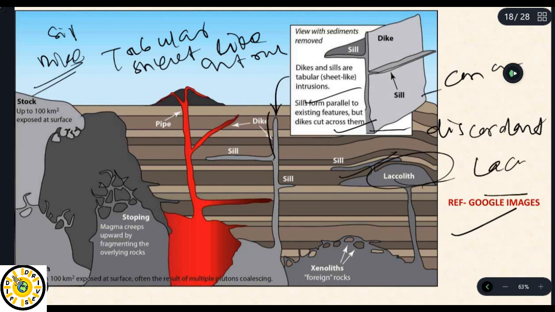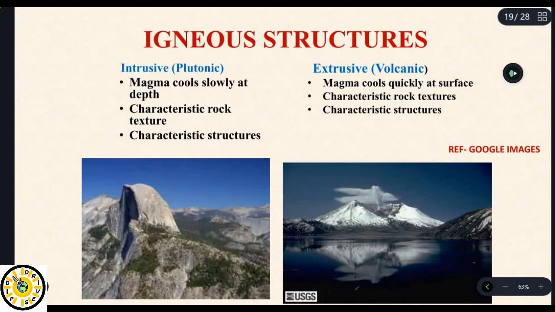ठीक है, you can find also some of the laccolith. So this is the laccolith. Base will be flat and convex upward. And some of the igneous structures, it is normally either formed in the plutonic environment or formed in the volcanic environment. जो plutonic environment पे फॉर्म होगा उसको intrusive structure बोलते हैं.